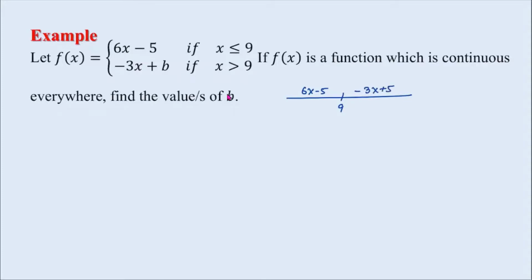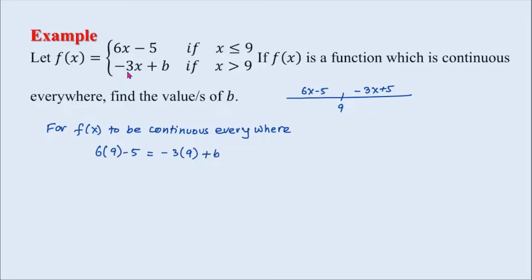Now, for the function to be continuous, it must be equal at x equal to 9. So that is where we start. For f of x to be continuous everywhere, the value of the function at 9 for this one will be 6 times 9 minus 5, which is equal to the value of this function at 9, negative 3 times 9 plus b.